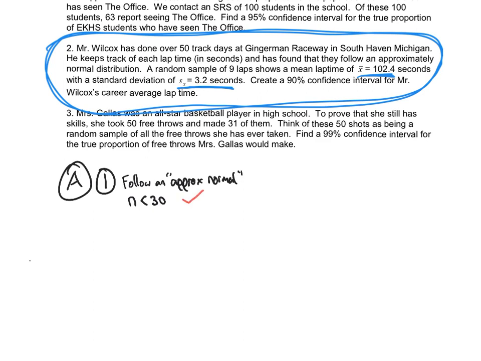So I'd say for the first check, because we don't even have a data set to look at, since it is such a small sample size of 9 laps, it does say that it follows a normal distribution. So we're going to say that they have looked at the data and it looks good, right? So there's no outliers, no skew. So there's one of our checks. I'm going to keep going here.